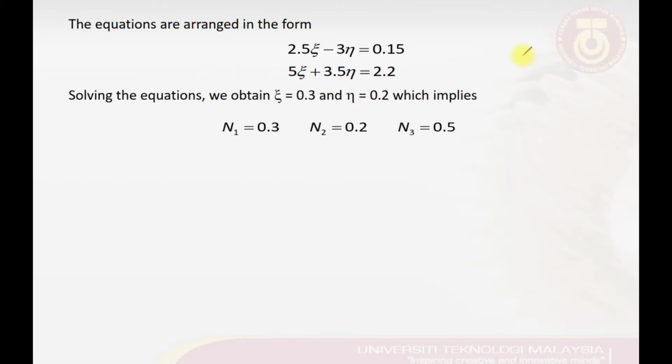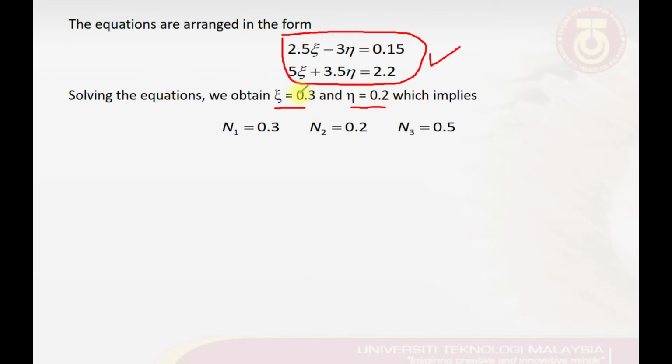Once we simplify the field displacement equations written in the natural coordinate system, then we have a set of equations with two unknowns. From there we can solve these equations by solving the system of linear equations. Then we obtain that z is equal to 0.3 and eta is equal to 0.2.